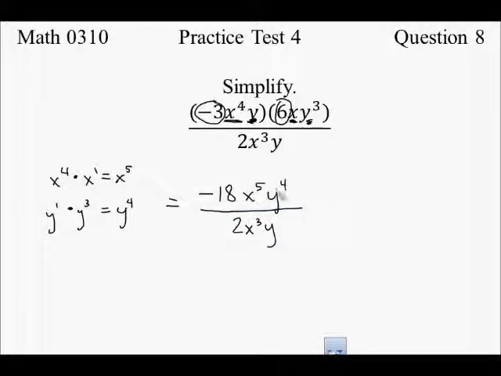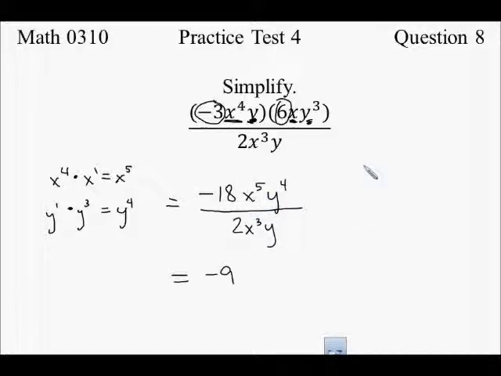And now with division, we can simply just look at comparing each part from the numerator to the denominator as well. So now we have, comparing our like parts here, negative 18 divided by 2. So 18 divided by 2 is 9. And we have a negative divided by a positive, different signs, that's going to give us a negative 9 there. And now we have x to the 5th over x cubed, comparing those like parts there.